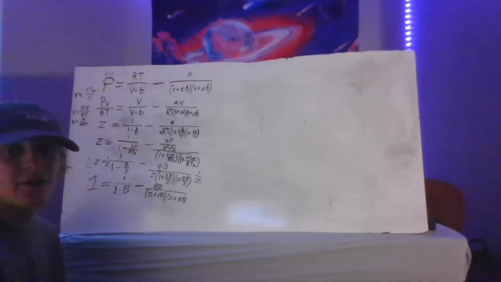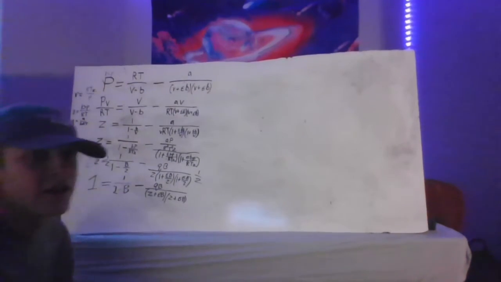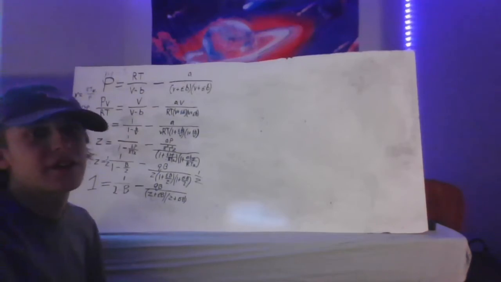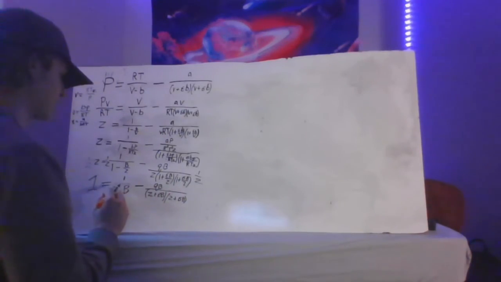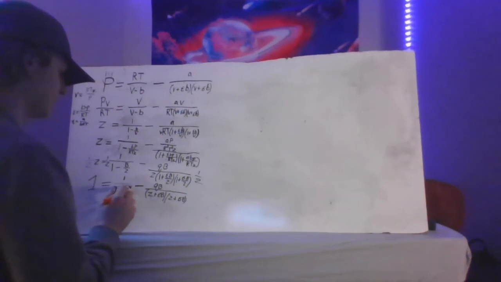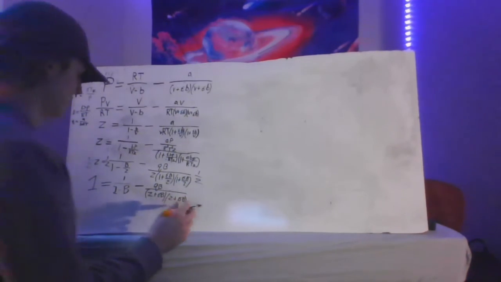And then now all we have to do is get a common denominator for this whole thing. So to get this common denominator, we're going to multiply everything by Z minus beta and these two.